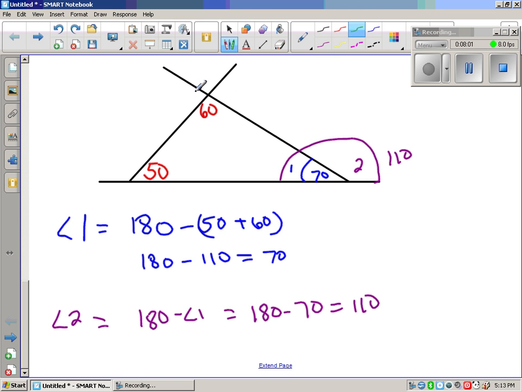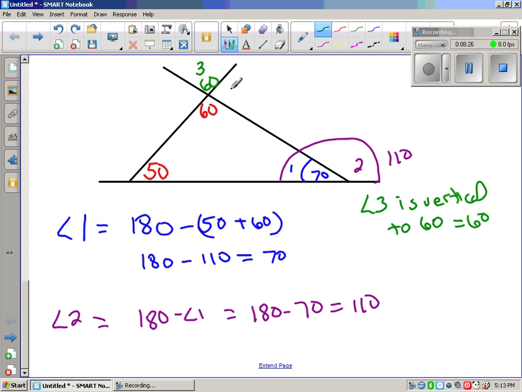Okay. Angle 3 up here is vertical to the 60 degrees, so it equals 60.